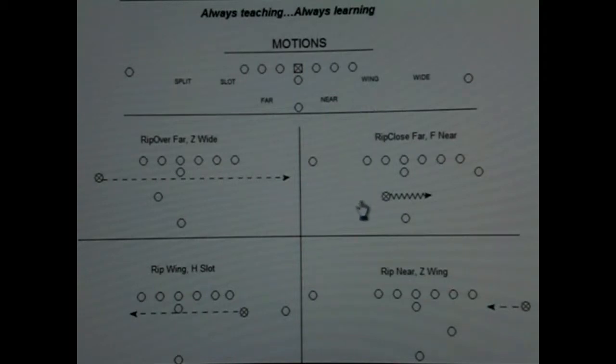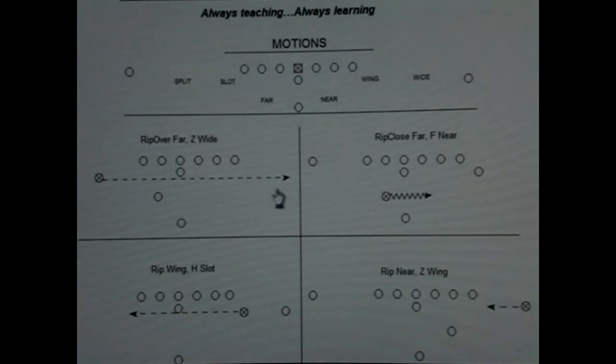Here are some formations. I've put some motions in here to give you a look at it, and so you can get to see how it works, and I think it's great. But that's me. It's mine, so obviously I think it's great. All right, let's take a look here. Rip over far, Z wide. All right, remember, here's a rip.